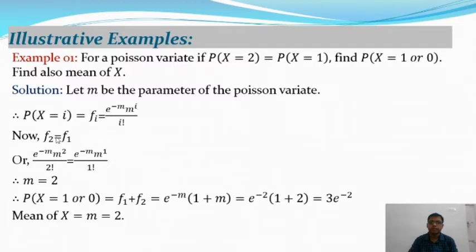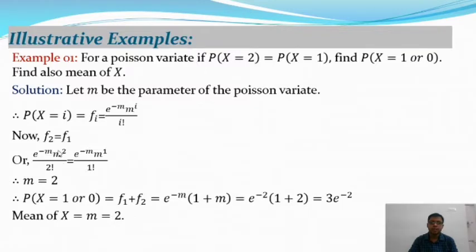According to the question, the probability of x equal to 2 is equal to the probability of x equal to 1, that means the probability mass function f2 is equal to f1.